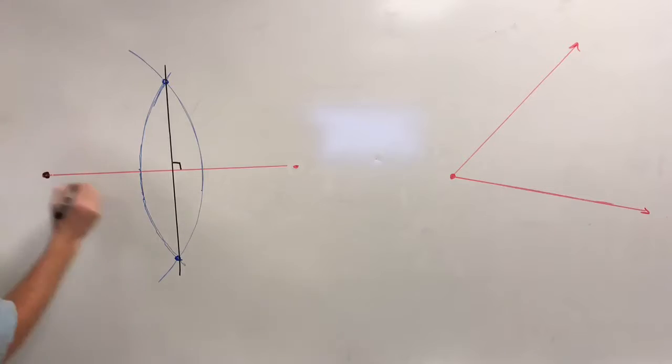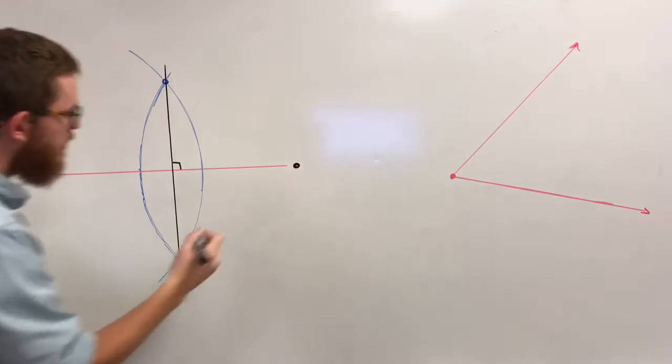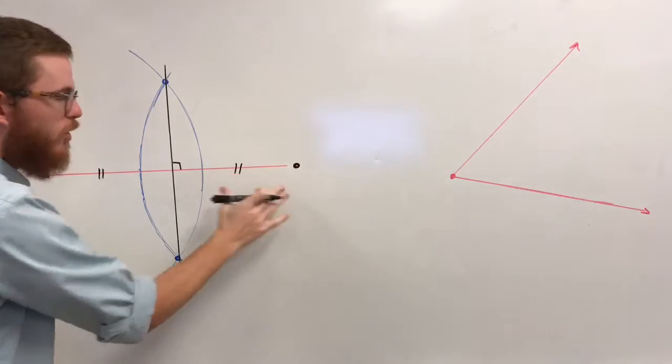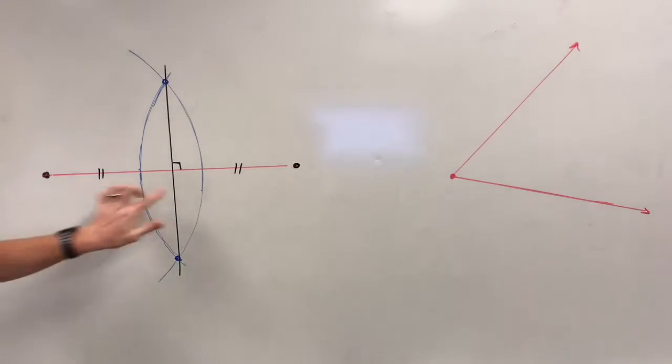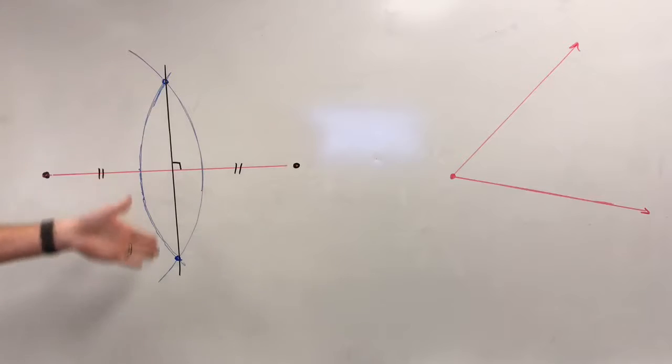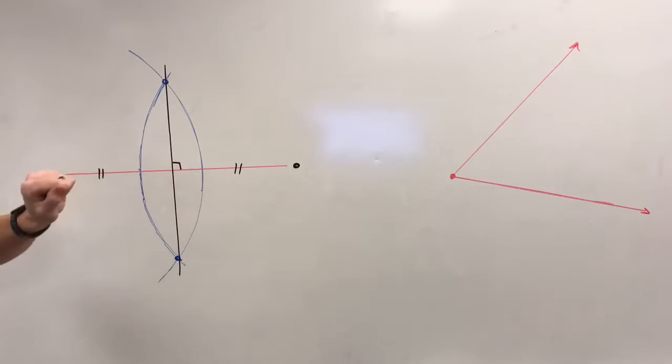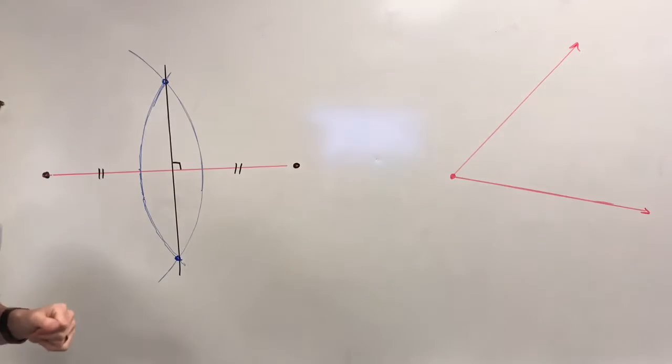Here's the original endpoints. It bisected. This segment on the left is now congruent to this segment on the right. These are the same distance, and that line we just drew is perpendicular. It's at a right angle to our original segment. So that is how we do a perpendicular bisector. Not that crazy at all.